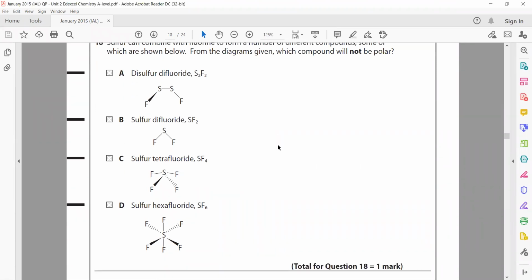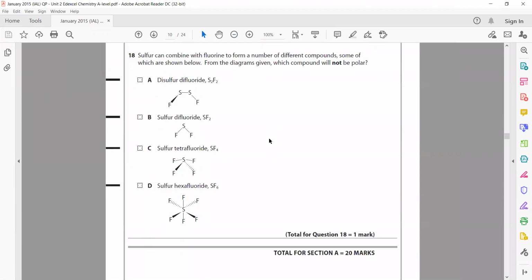Question 18. Sulfur can combine with fluorine to form a number of different compounds, some of which are shown below. From the diagram, which compound will not be polar? So for a compound not to be polar, the bond angles are all identical, so they basically cancel out the effect of each other, so D will be non-polar.